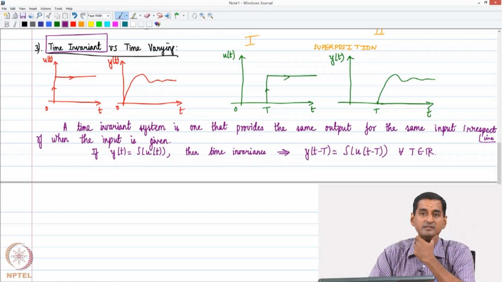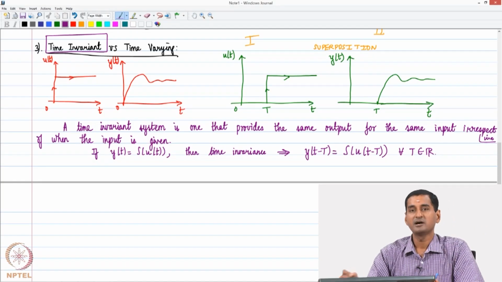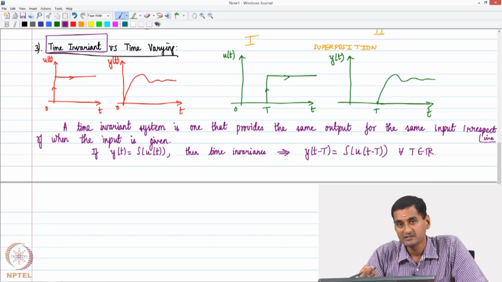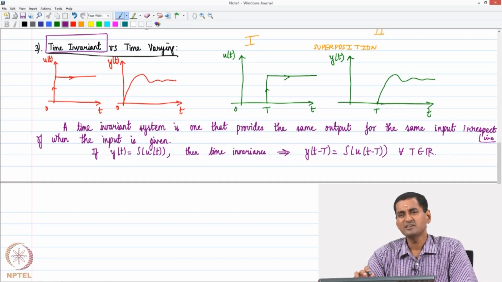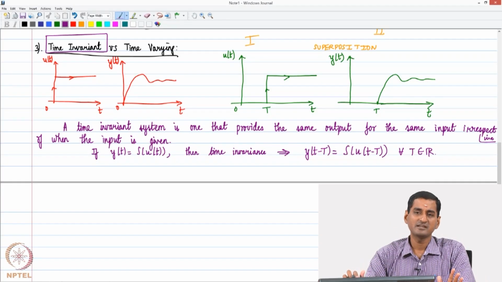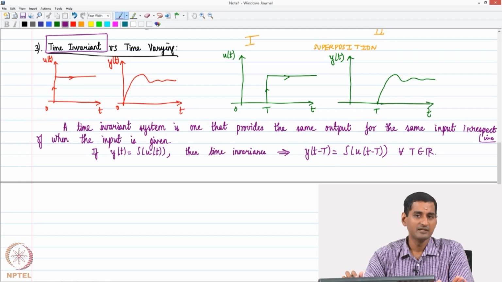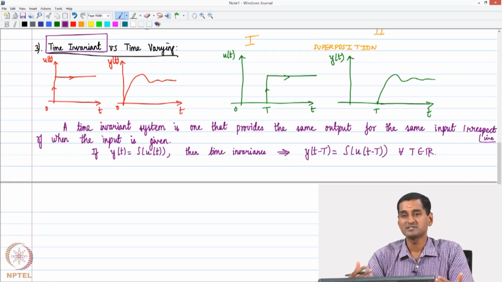In this particular course we are going to work with time invariant systems. Once again, time invariance is an approximation. I am sure all of us agree that if you look at processes and systems that surround us, no system provides the same output at any point of time in its entire lifetime.